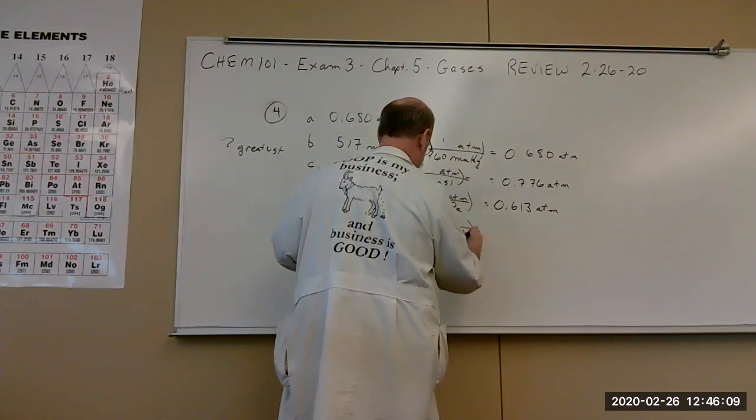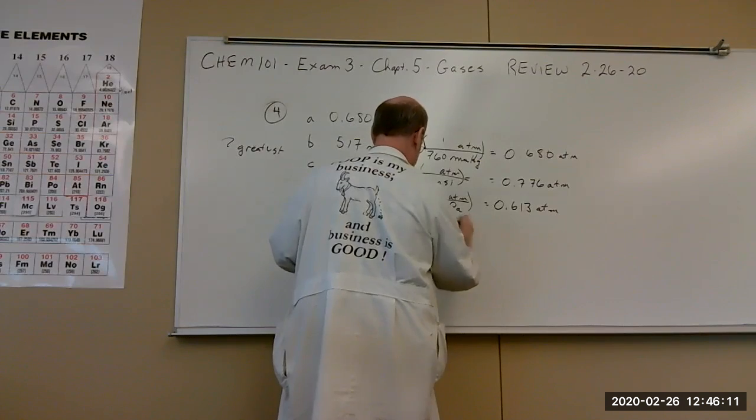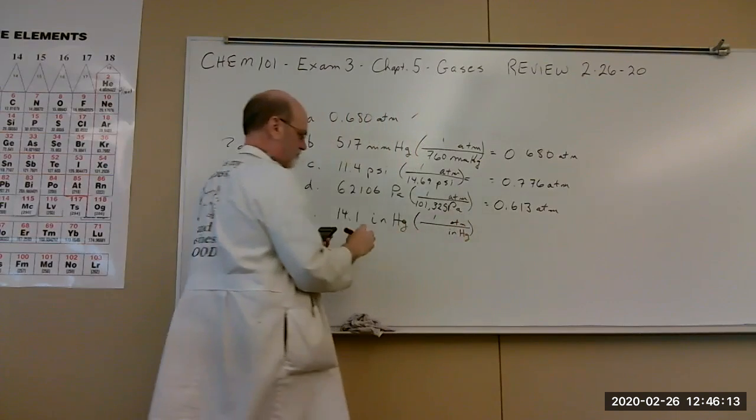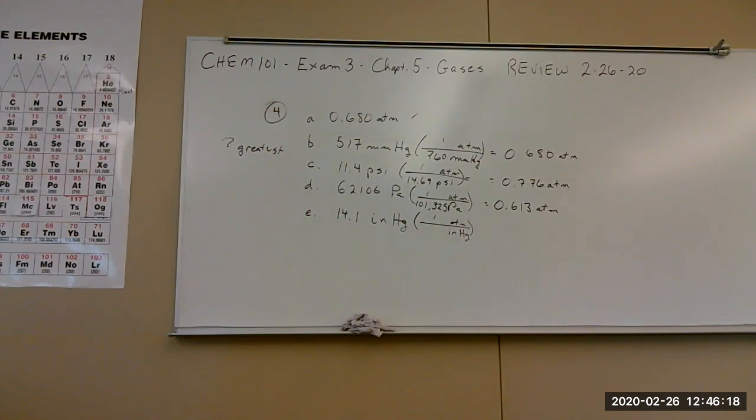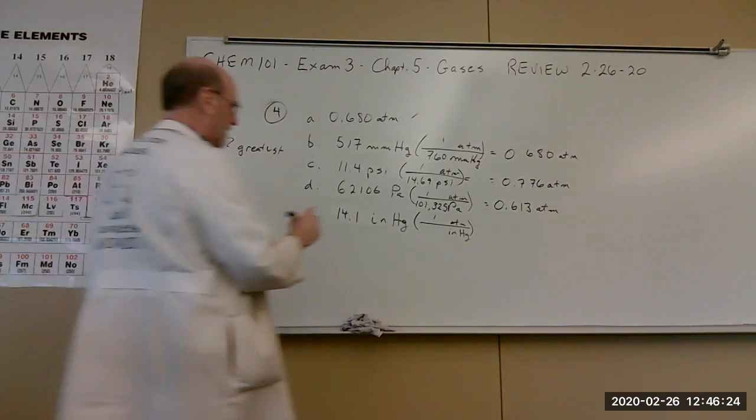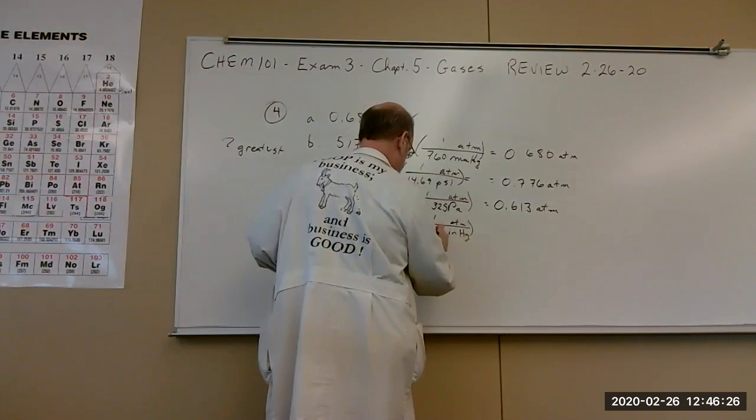And then the last one, inches of mercury per atmosphere. Remember that one? I think that's in here too. I remember it, but it's better to find it here. About the middle, halfway down the left-hand side. 2992.